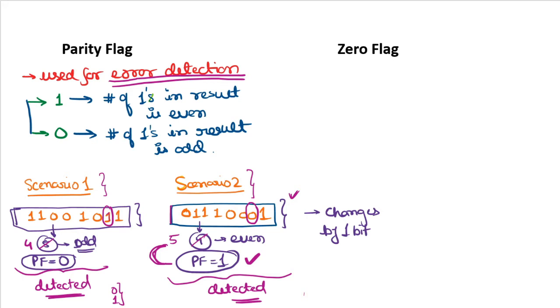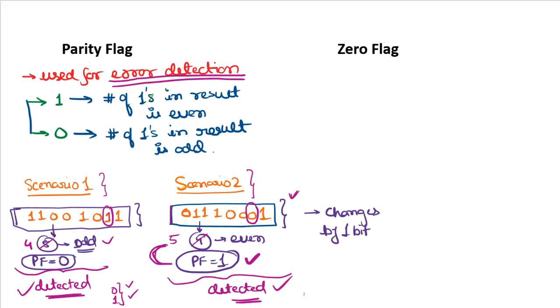So if the value is odd, it will become even. If the value is even, it will become odd. If it is getting even after odd, we are able to detect it. If it is getting odd after even, we are able to detect it. So in both the scenarios, we are able to detect the error.